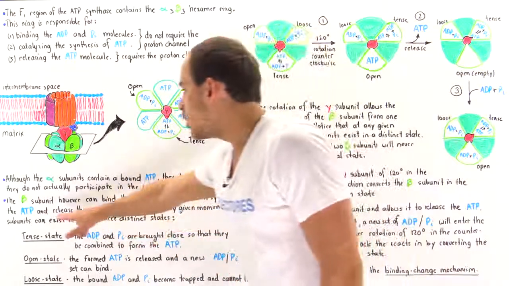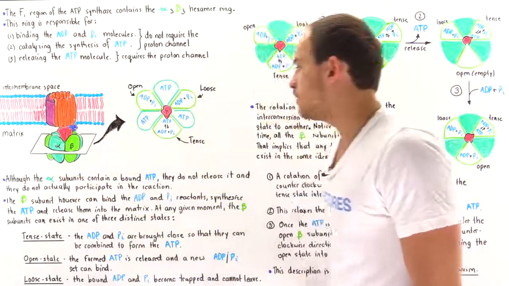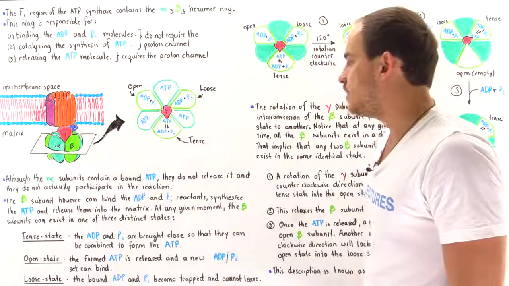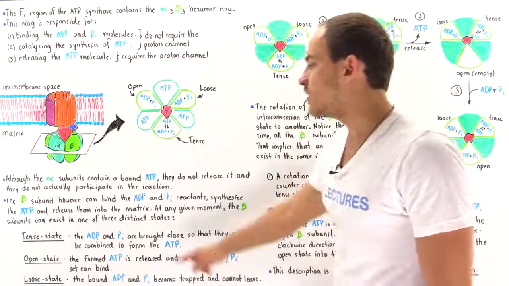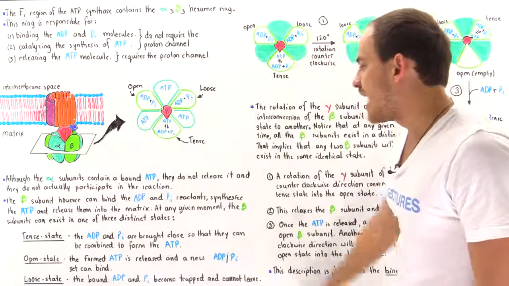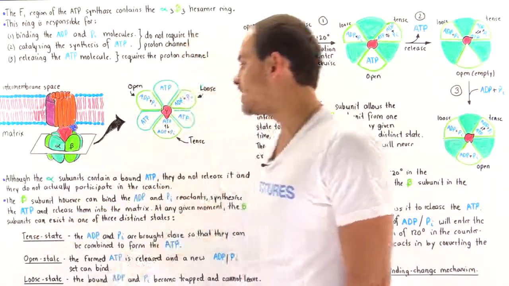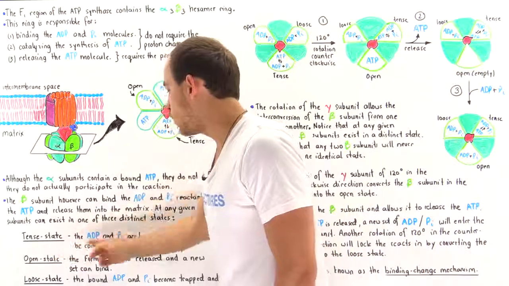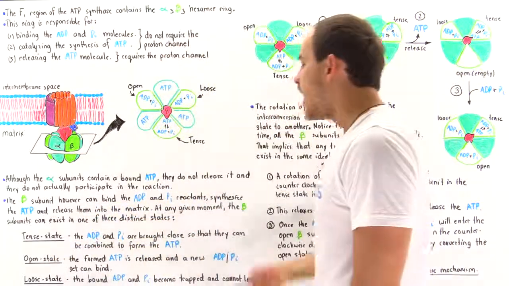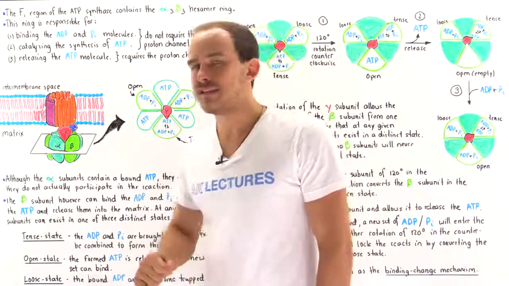So we see that the beta subunit, unlike the alpha subunit, can bind the ADP and orthophosphate reactants, synthesize the ATP, and release the ATP into the matrix. And at any given moment in time, the beta subunits can exist in one of three distinct states. We have the tense state, in which the ADP and orthophosphate are brought close so that they can be combined to form that ATP molecule.